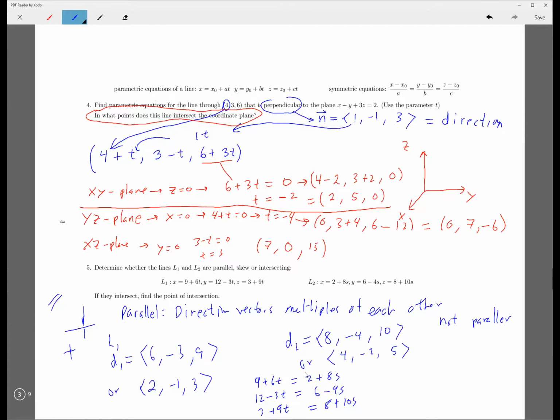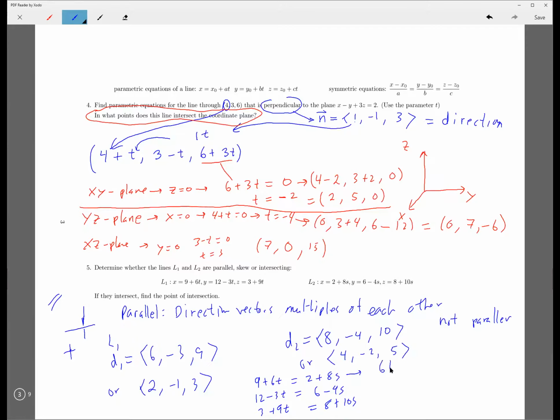So if they intersect somewhere, then you have to be able to find the value of s and the value of t where all these equations work. Okay, so let's see here. This looks nasty.